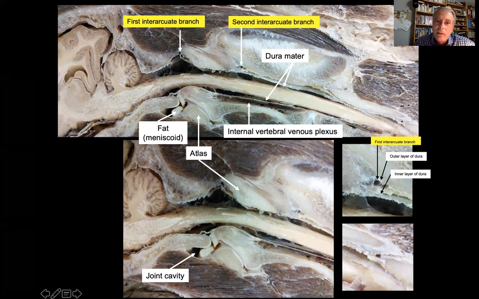And look at this, this is the atlas, this is the first interarcuate branch, the second, and so on. And again, you see the first interarcuate branch here. And in this close image, you see the inner layer, the outer layer of the dura, and the first interarcuate branch. This image corresponds. Right.